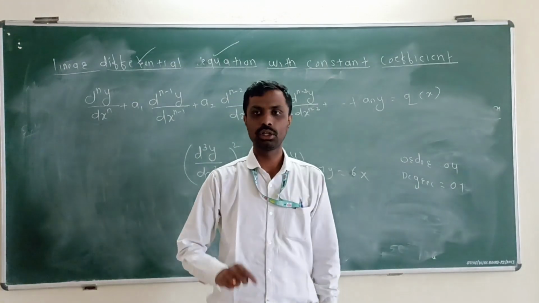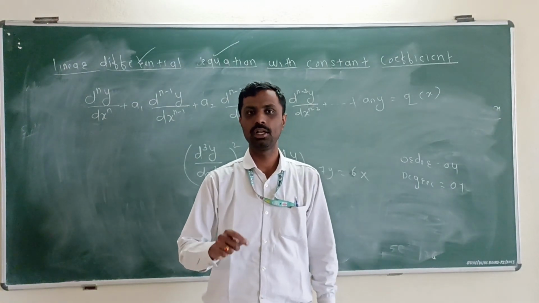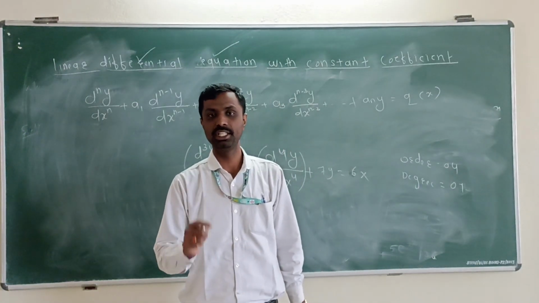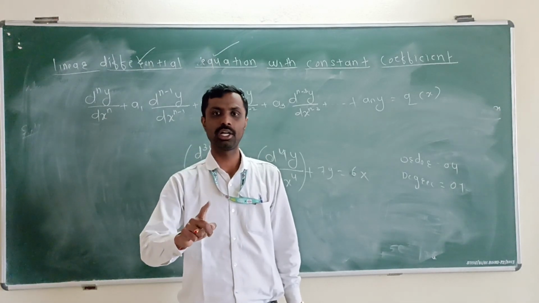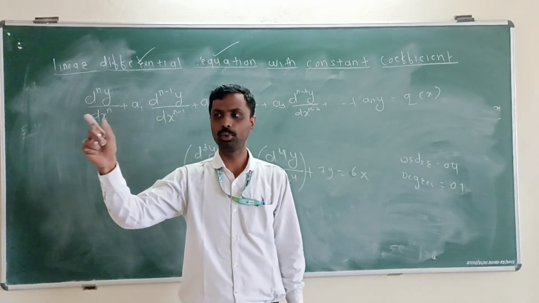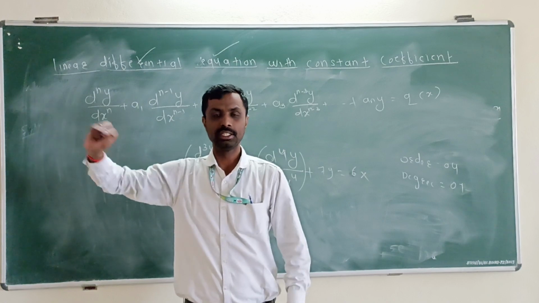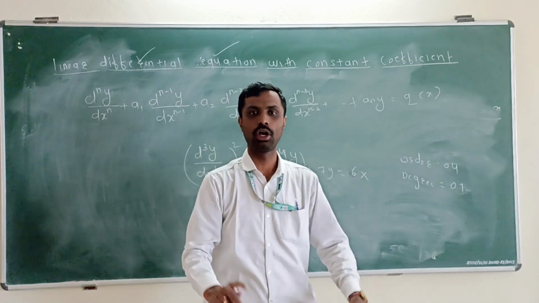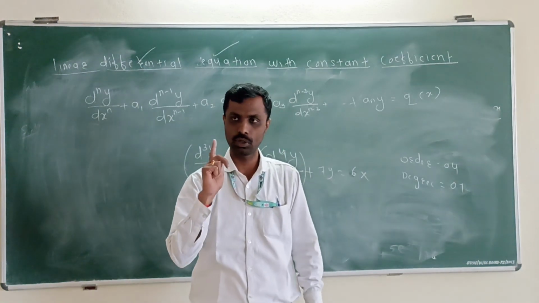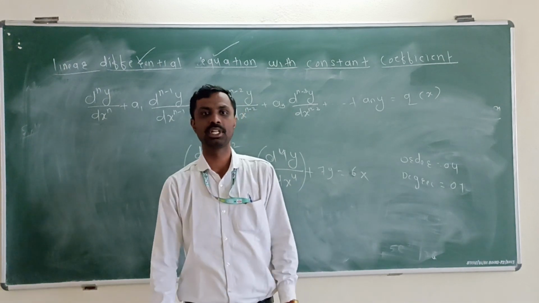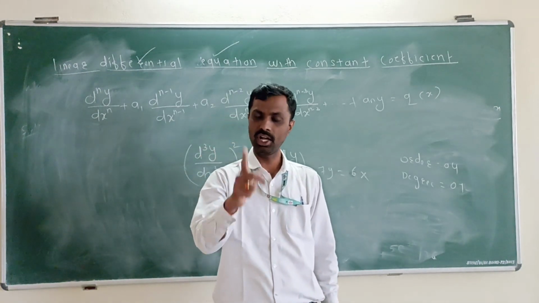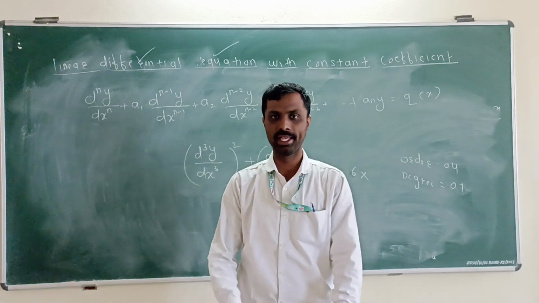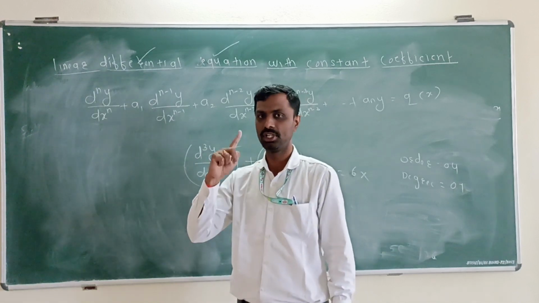Linear means those differential equations whose degree is 1. The order may be 1, 2, 3, 4, 5, 6 up to n. There are no restrictions on the order, but there are restrictions on the degree. Those differential equations having degree 1 are called linear differential equations.